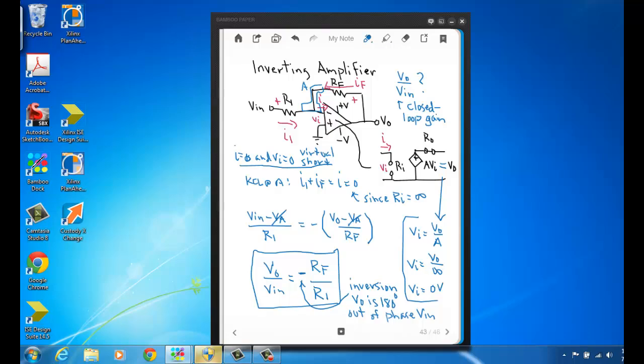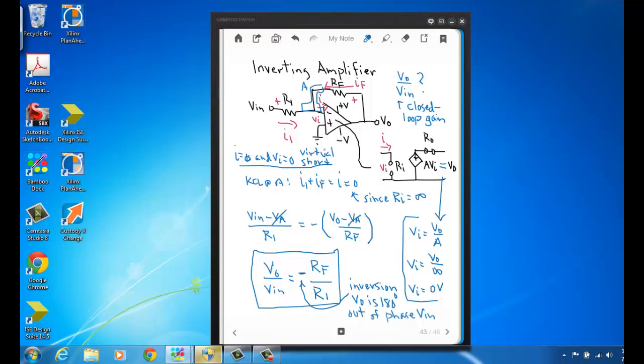The current could be anything, and there's 0 volts across a resistance of 0 ohms. This isn't the same thing. Virtual short, this term applies only to op amps, and in fact only to ideal op amps. And it's talking about that the current and voltage at the input of an ideal op amp are both 0. So don't confuse virtual short with shorts that you've known up to this point.